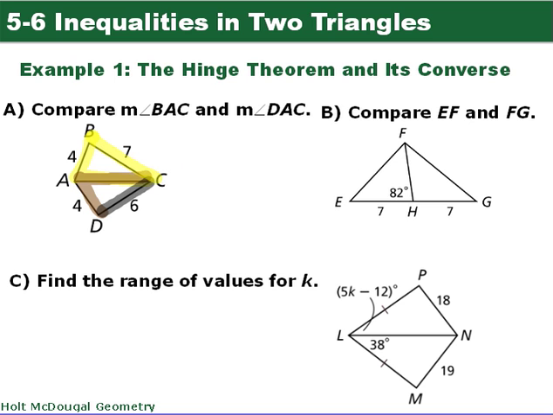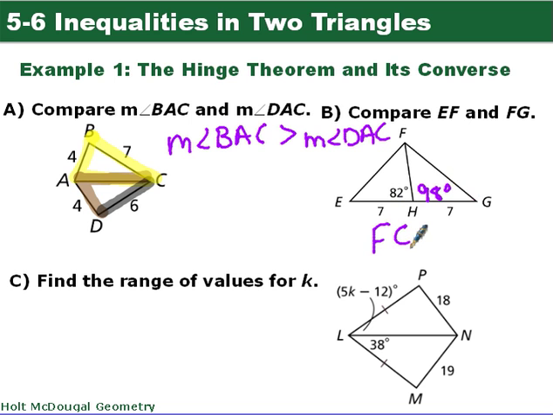So that means the measure of angle BAC is going to be greater than the measure of angle DAC. For B, we're going to compare the side EF and FG. So this is 82 degrees here, which makes this angle 98 degrees. So FG has to be greater than EF.